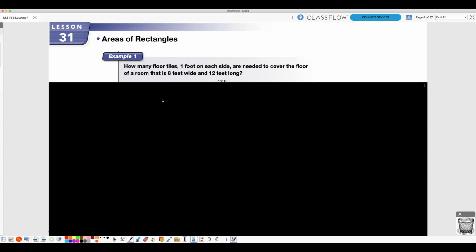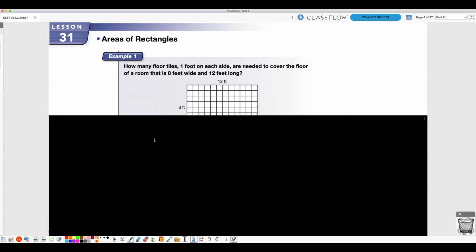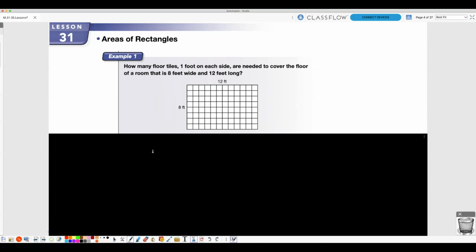So example 1, how many floor tiles, 1 foot on each side, are needed to cover the floor of a room that is 8 feet wide and 12 feet long? You could count all of these tiles if you wanted to, but this would be a tedious task.